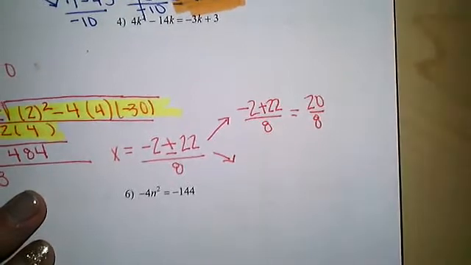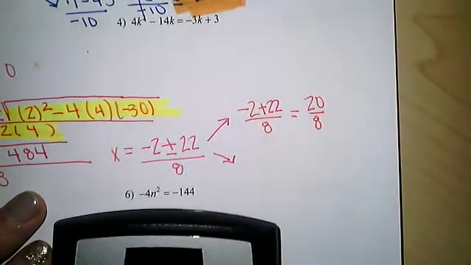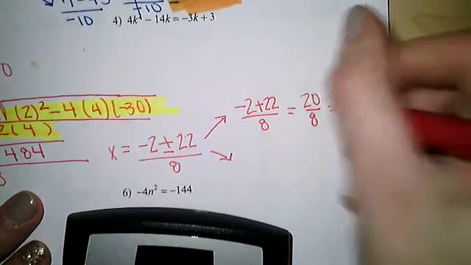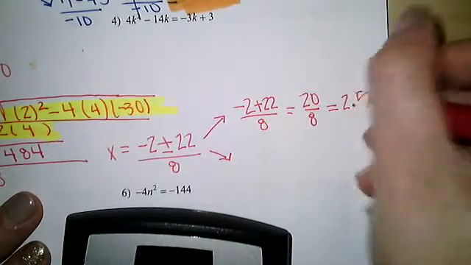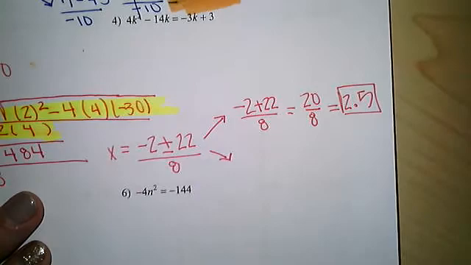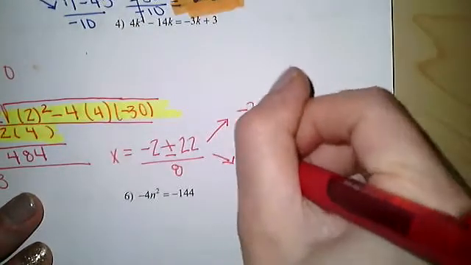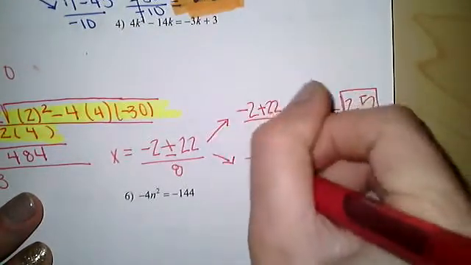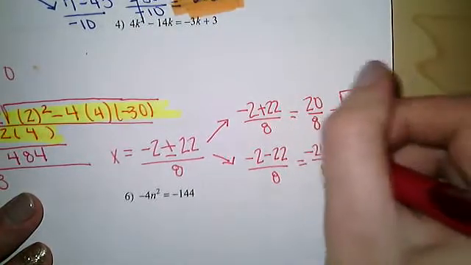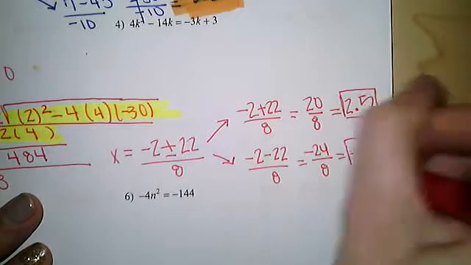So you could make it 10 over 4, 5 over 2. I don't want anyone to stress about reducing. So if you just want to divide it and make it a decimal, that's just fine. This one you'll subtract. So you'll have -24 over 8, which is -3.